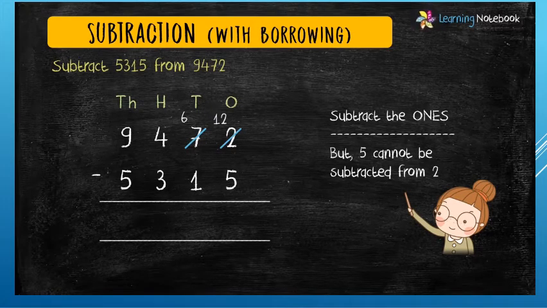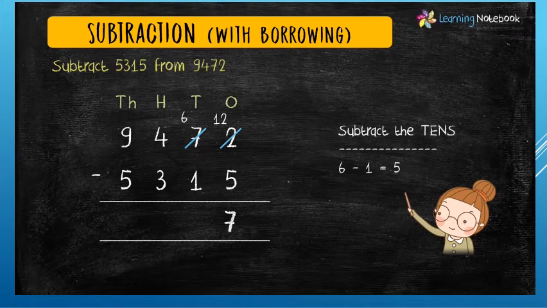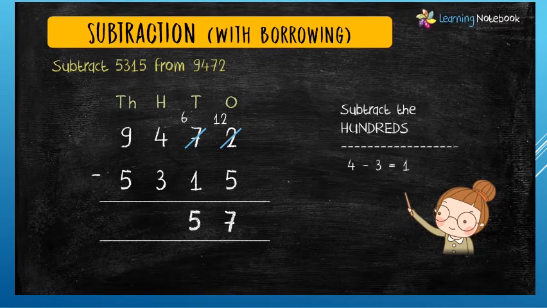Now we can easily subtract digits at ones place. 12 minus 5 equals to 7. Next, subtract the digits at tens place. 6 minus 1 equals to 5. Now, subtract the digits at hundreds place. 4 minus 3 equals to 1.